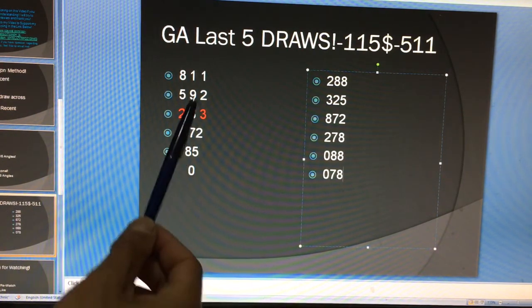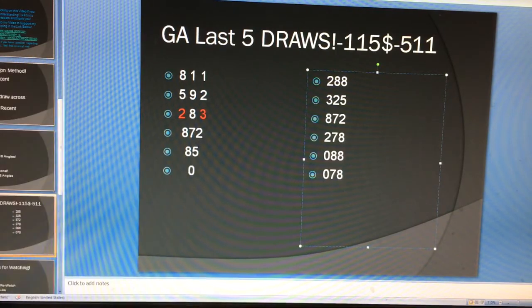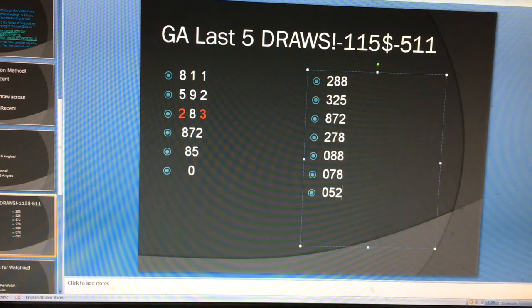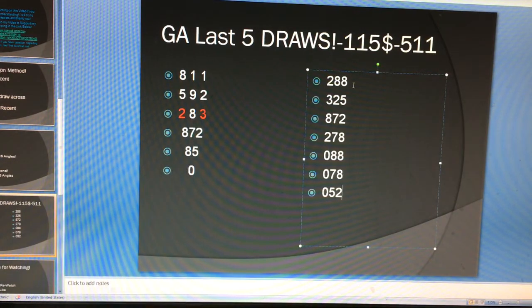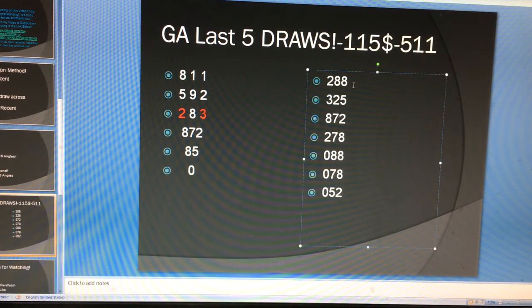078 also, and 052. And as you can see, the 078 can only be played as back pair.